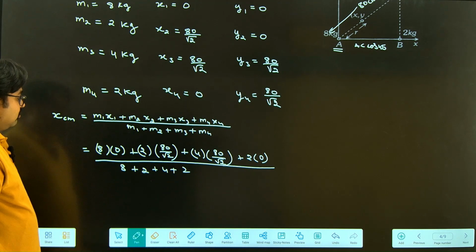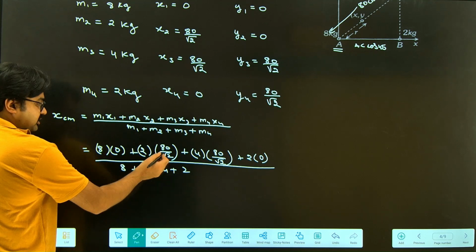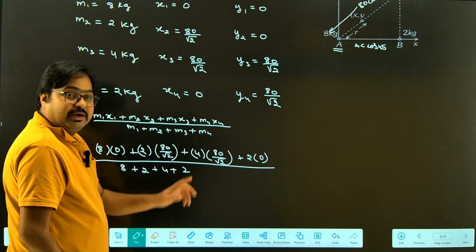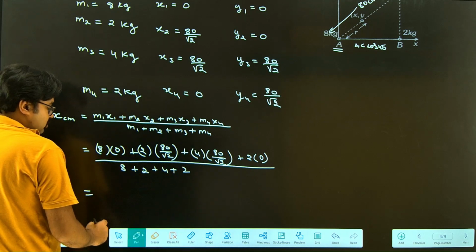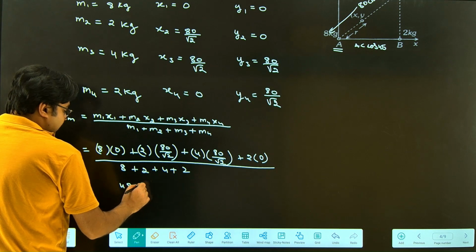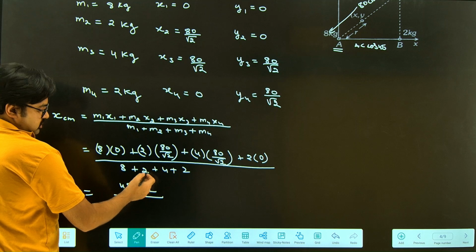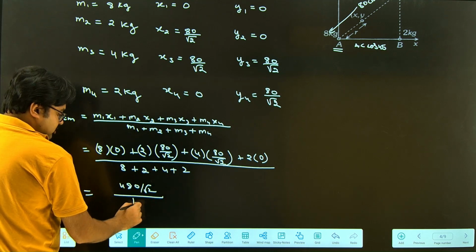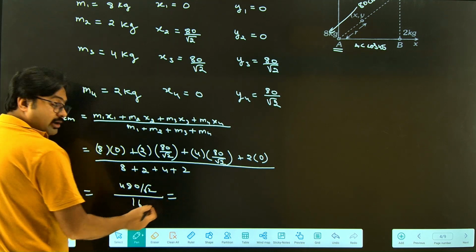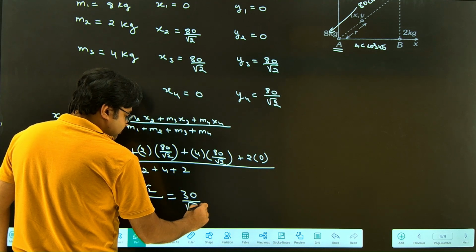Now that's how you would calculate. 8 into 0 is 0. So this is 160 by root 2, and 4 into 80 is 320 by root 2. The whole thing would be 480 divided by root 2, whole thing divided by 8 plus 2 is 10, 10 plus 4 is 14, 14 plus 2 is 16. So the answer you would have is 30 divided by root 2 centimeter.